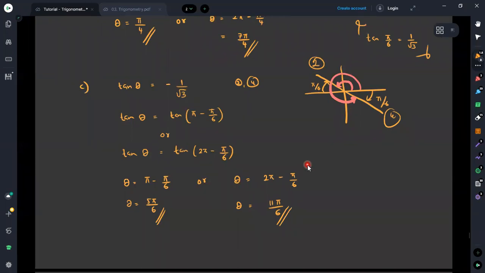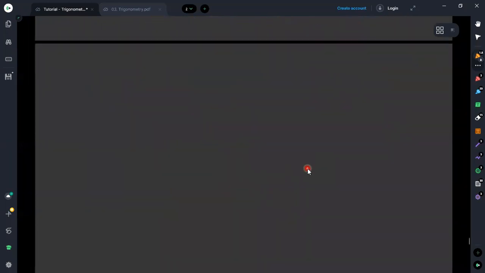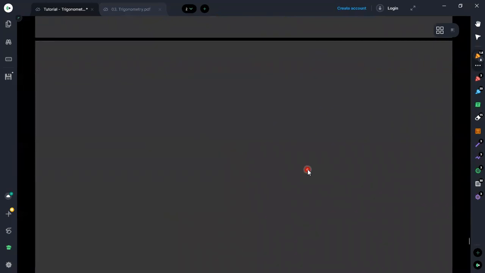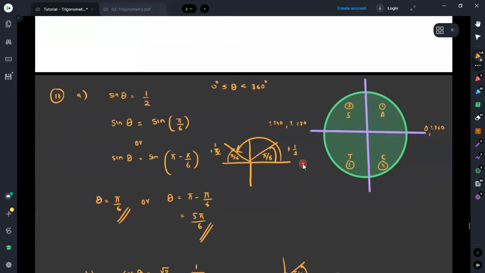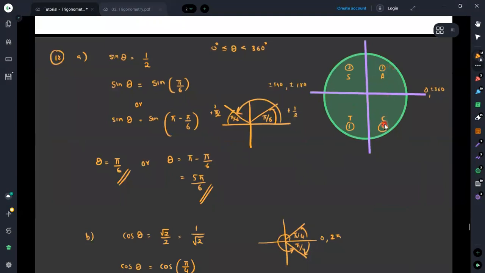Then the next, I will take consideration of cosine theta. Cosine theta is equal to minus half. Here also we need to find out where the cosine will become negative. What we know is that in the first and the fourth quadrant, the cosine has positive values.